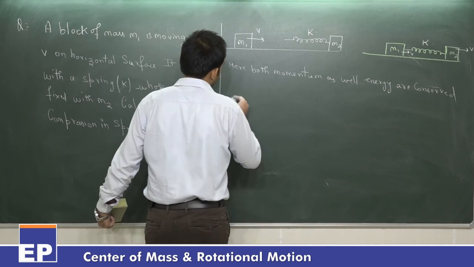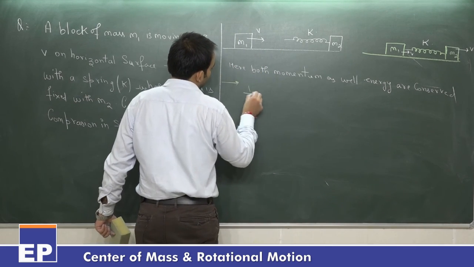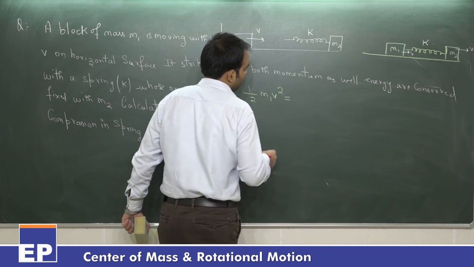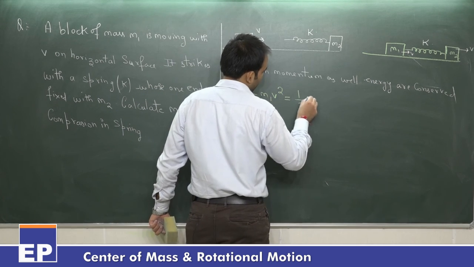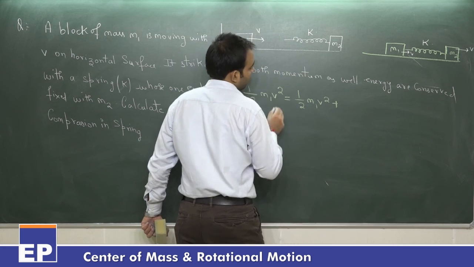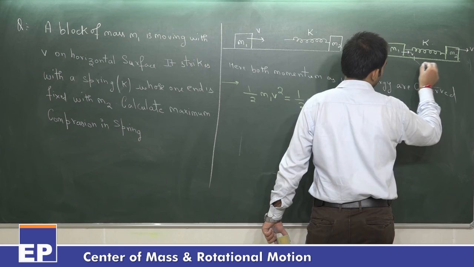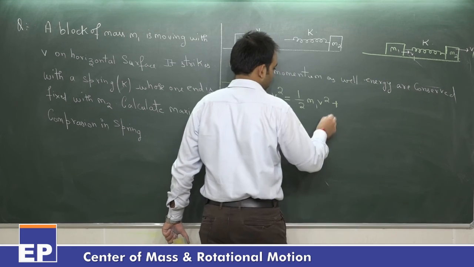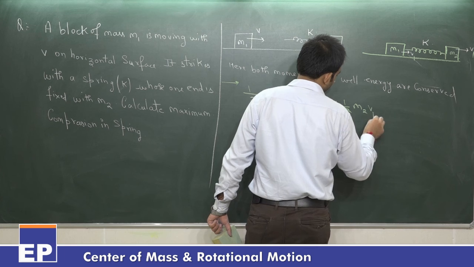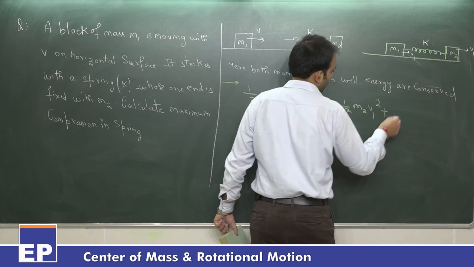So we can say by conservation of energy, half m1 into v square is equal to half m1 into v1 square plus half m2 into v1 square plus half kx square.